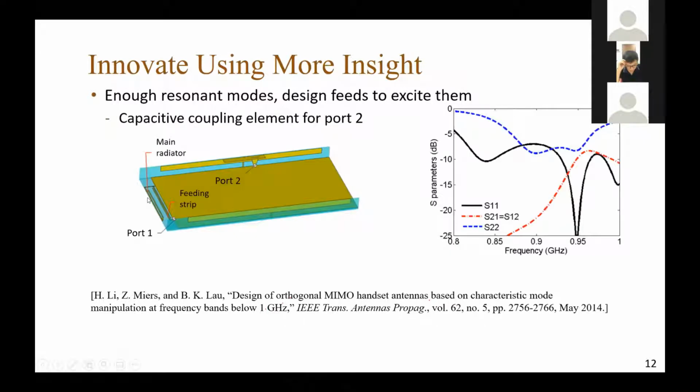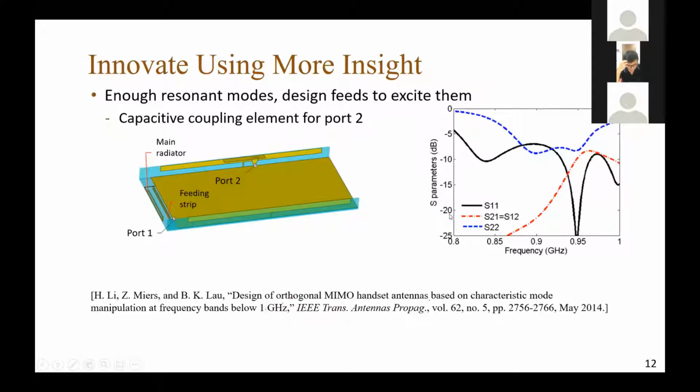So first of all, the fundamental mode, the dipole along the length, we can use a simple conventional radiator. And for port 2, we can excite the modes 2 and 3 because we notice that the electric field is high at this region. So we put a capacitive coupling element here.